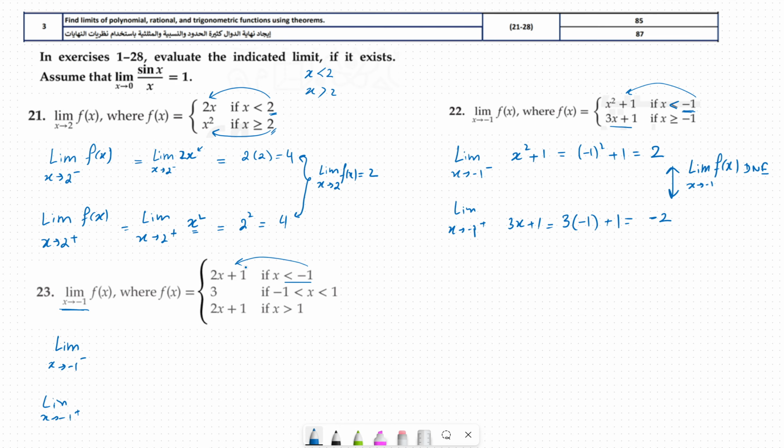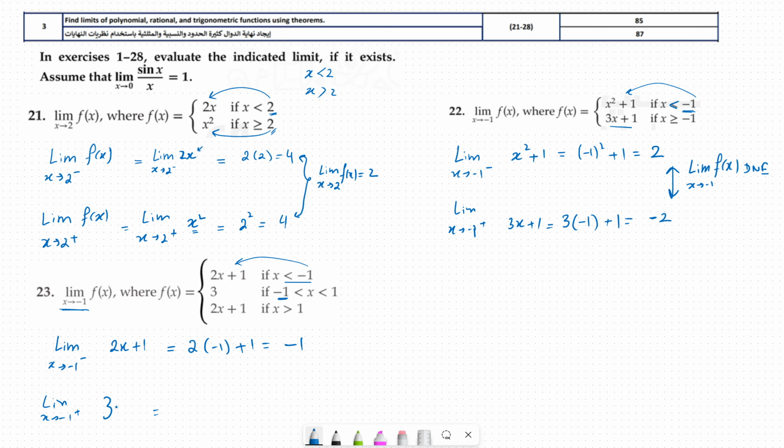So from the left it is 2x plus 1. Minus 1 from the right, the second time minus 1 appears, it's 3. Now we do direct substitution. So I am going to substitute minus 1 in the place of x. 2 times minus 1 plus 1 is equal to minus 2 plus 1, which is minus 1.